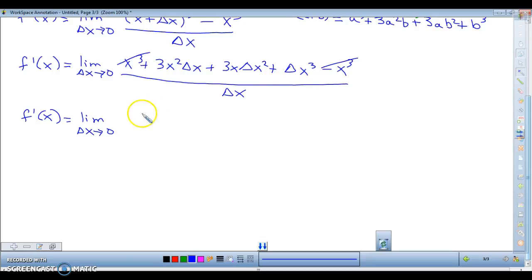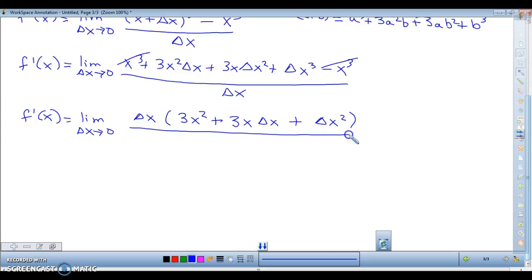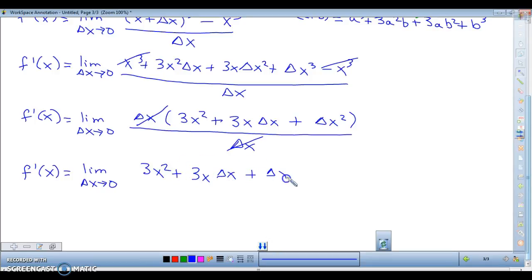So out of these three terms, I'm going to factor out a delta x to get 3x squared plus 3x delta x plus delta x squared, all over delta x. So f prime of x is equal to the limit as delta x approaches 0 of 3x squared plus 3x delta x plus delta x squared.